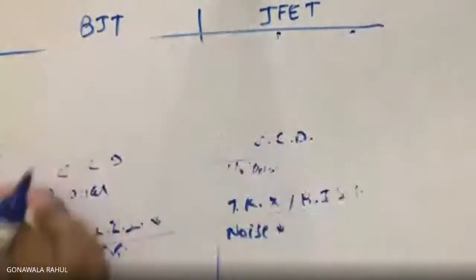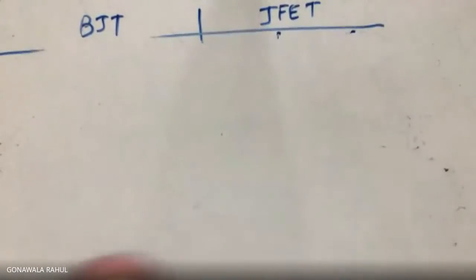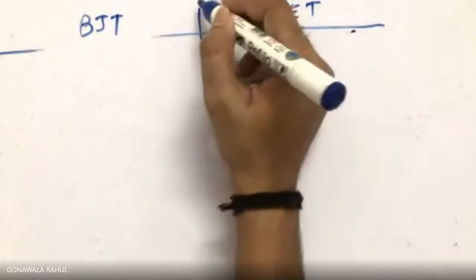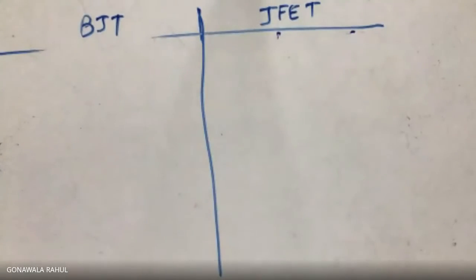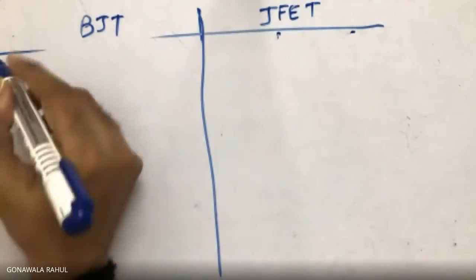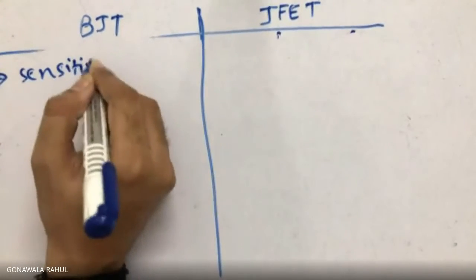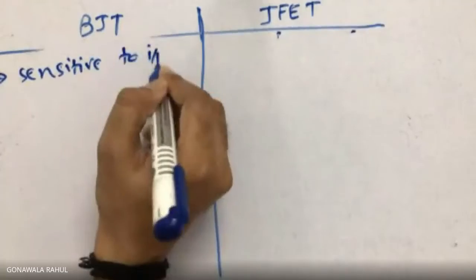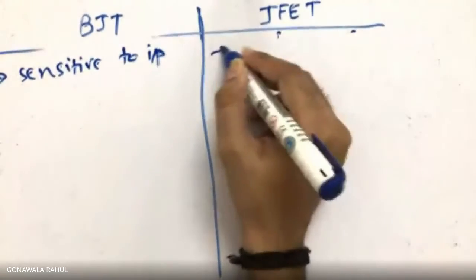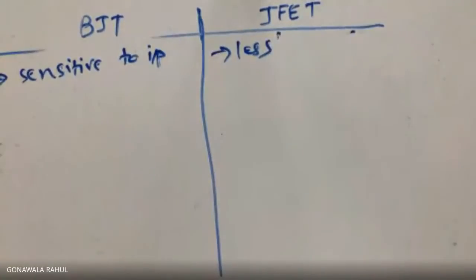Next, compared to JFET, BJT is more sensitive to the applied input signal, while JFET is less sensitive. Clear?